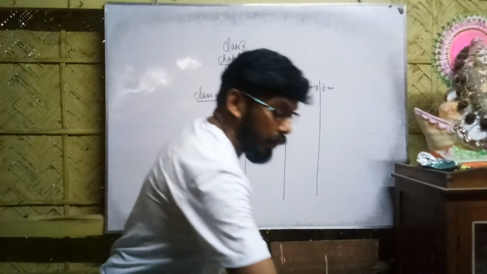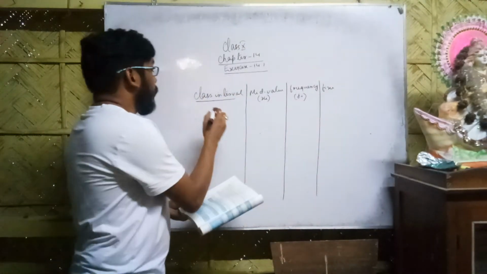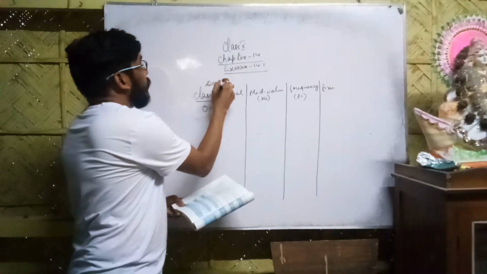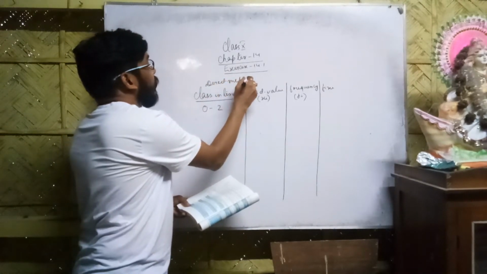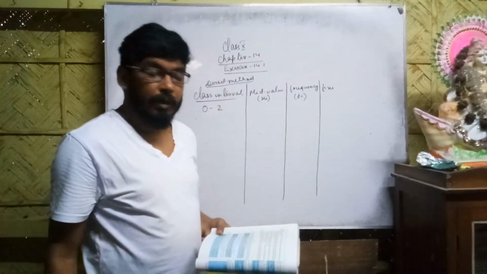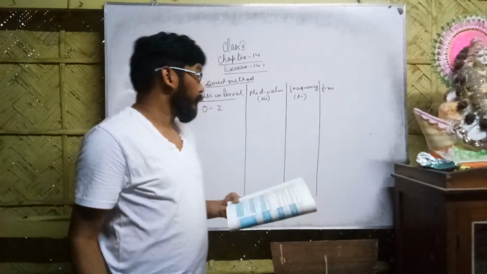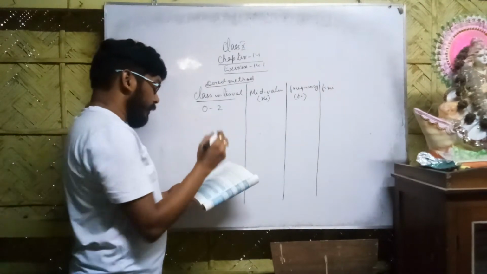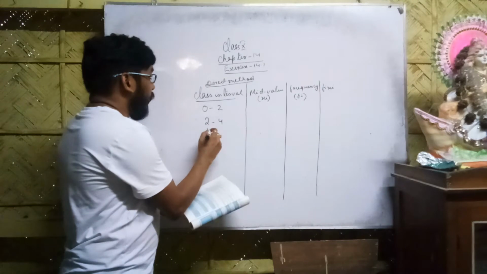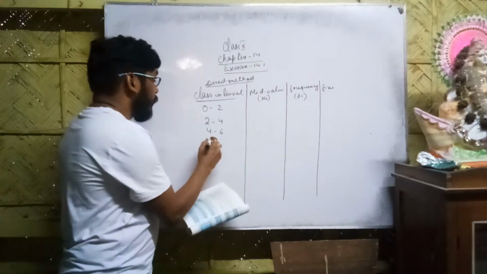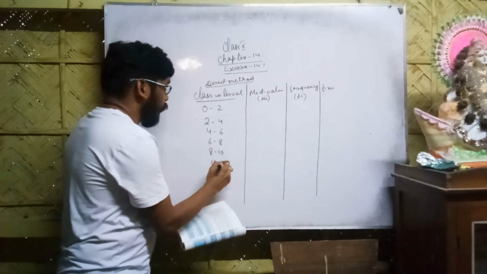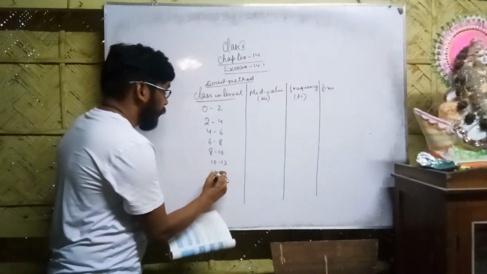So the first class interval is 0 to 2. This is the direct method to find out mean. First we will learn direct method, then we will go for assumed mean method, and then step deviation method. Class intervals: 0 to 2, 2 to 4, 4 to 6, 6 to 8, 8 to 10, 10 to 12, 12 to 14.